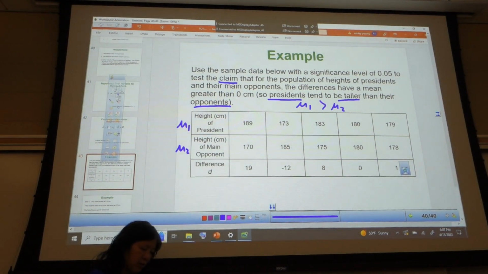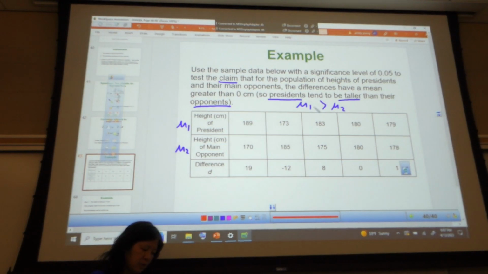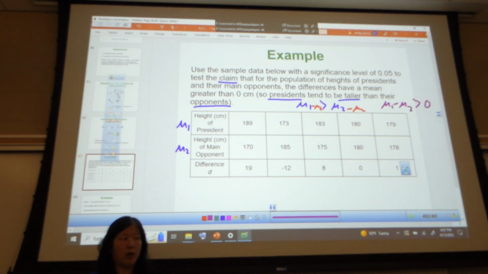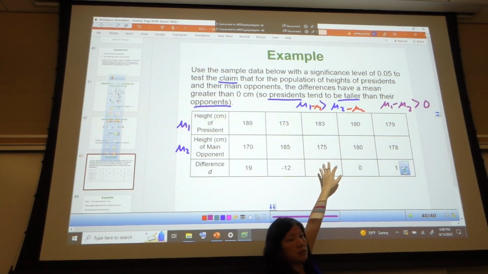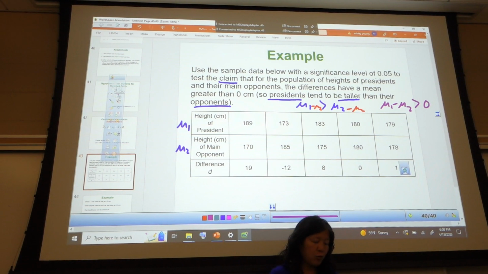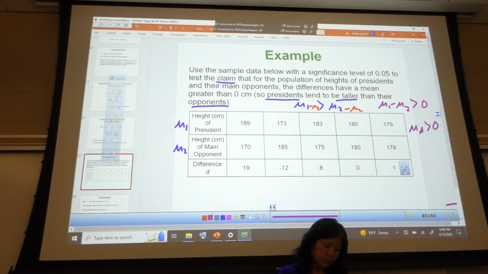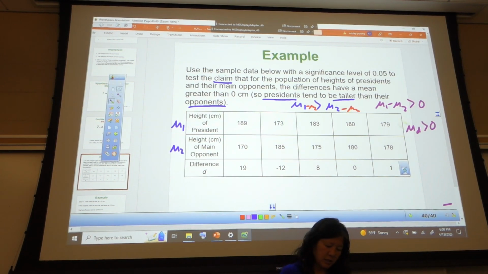If I subtract mu2 from both sides, what do I get? mu1 minus mu2 is greater than 0. Is everyone following me? Yes, no? So I just subtracted mu2 from both sides. mu1 minus mu2, we call that mu d. So this is my claim.